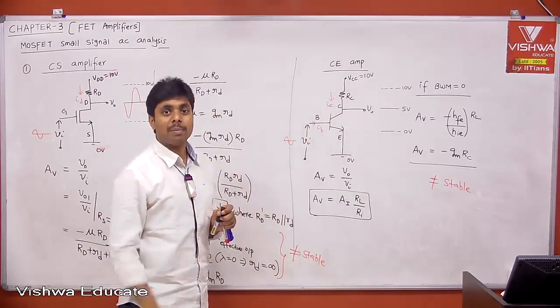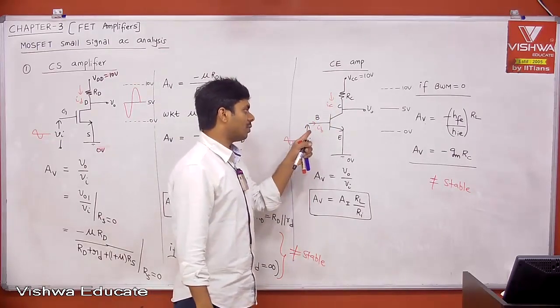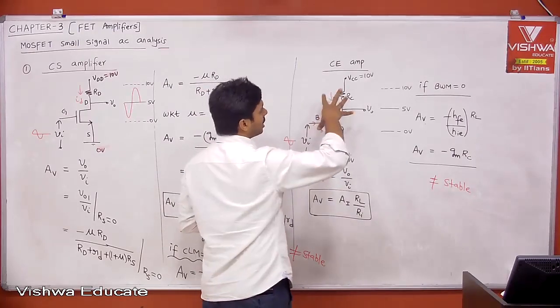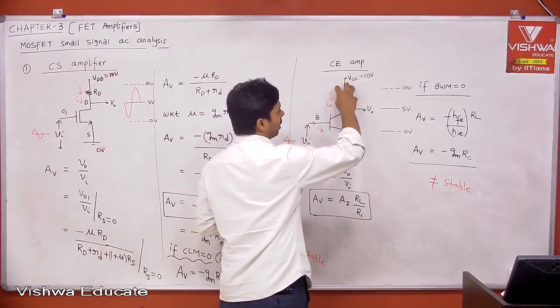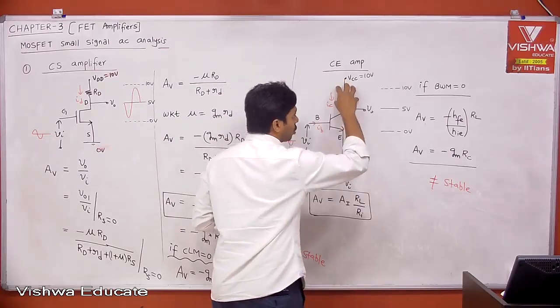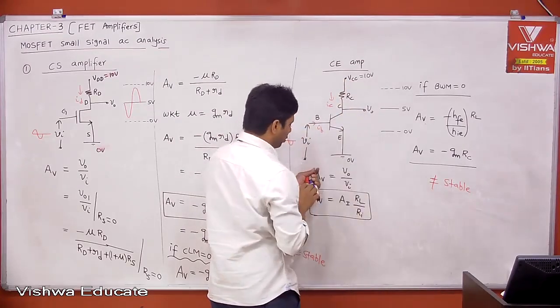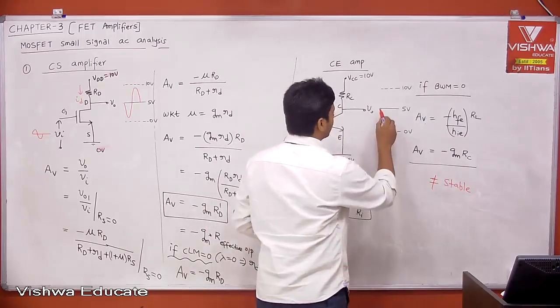Therefore, your output current is amplified with respect to your input current, with beta, so your IC is a large value. When you pass the large current through a large value of resistor, you get a large drop, more than 5, and this voltage will be less than 5 by a large value in the negative direction. Then you are getting a swing.